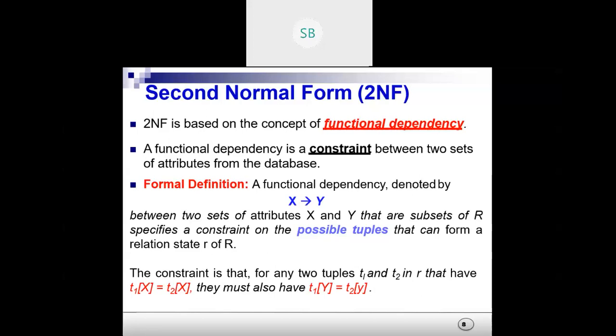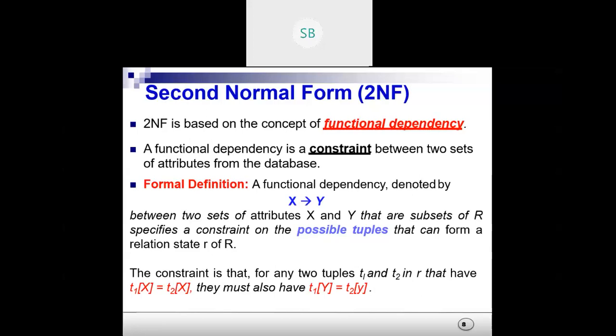A functional dependency is a constraint between two sets of attributes from the database. Suppose in a student table we have student ID, student name, then the subjects or marks.